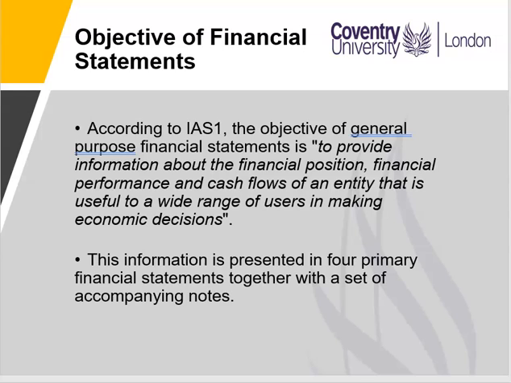The financial performance is a statement of profit and loss, and the cash flow as well. So this should be useful to a variety of users, enabling them to make economic decisions. The information is presented in these four primary financial statements together with a set of accompanying notes.